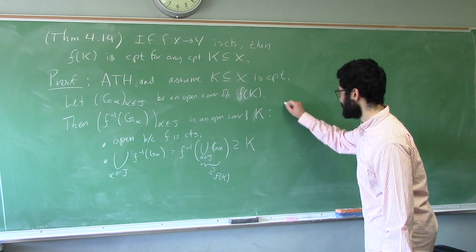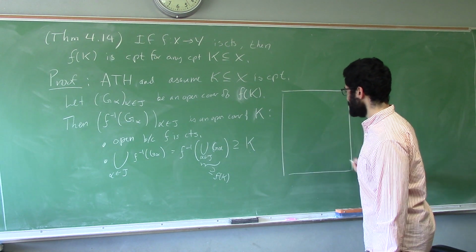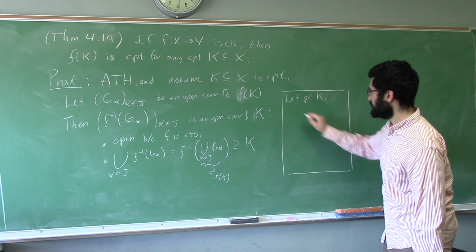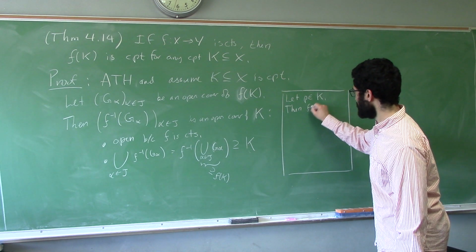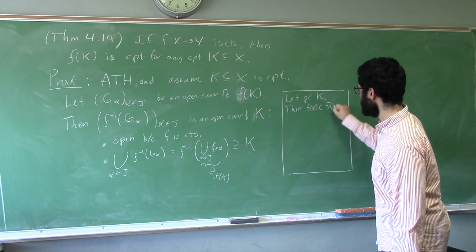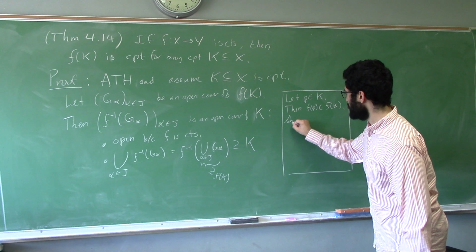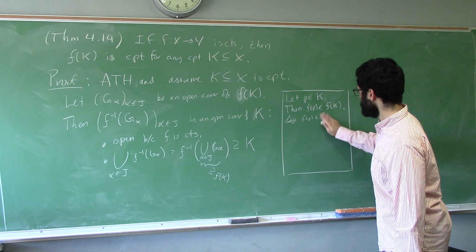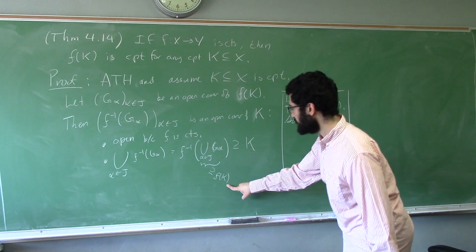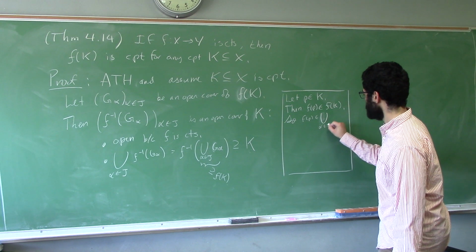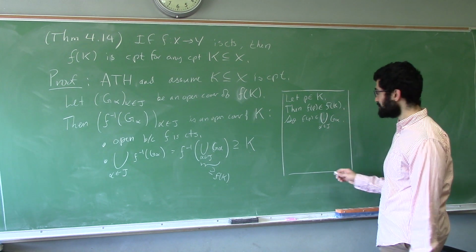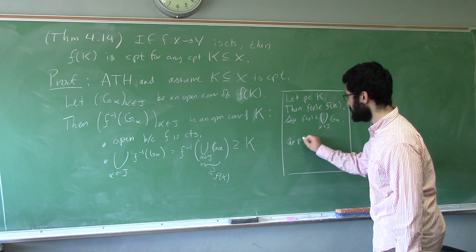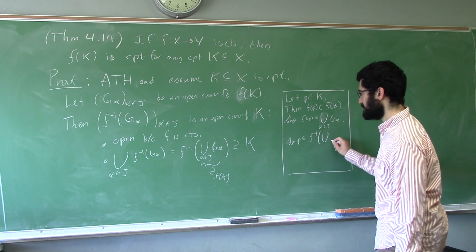Maybe it is worth writing out. Okay, so temporary argument. Let P be in K. Then f(P) is in f(K). f(K) is a subset of this union, so f(P) is in this union. And so P is in the preimage of the union.